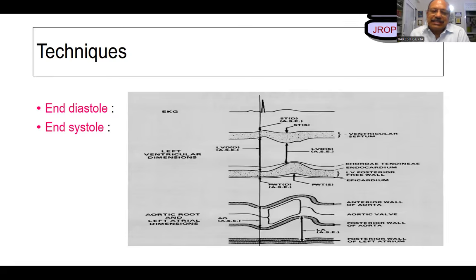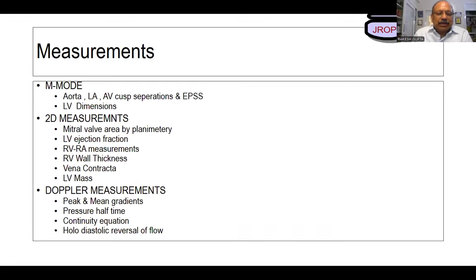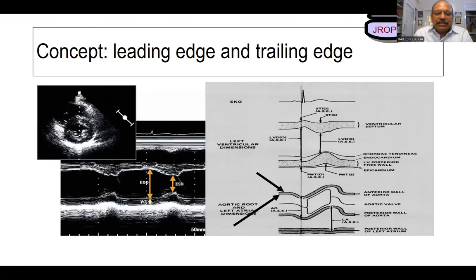How do we recognize this by ECG? The beginning of the QRS complex is end diastole, and the end of the T wave is end systole.